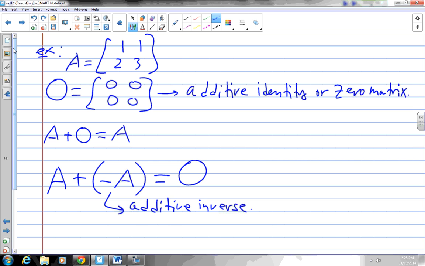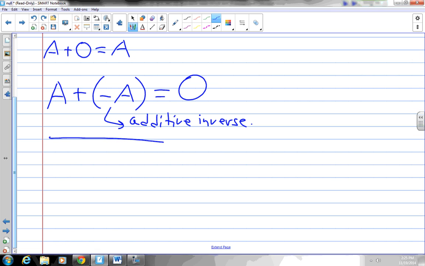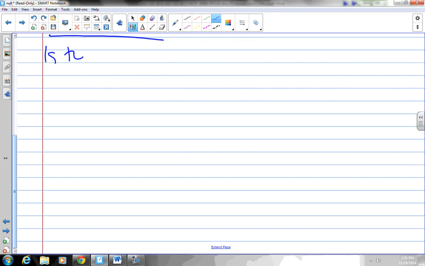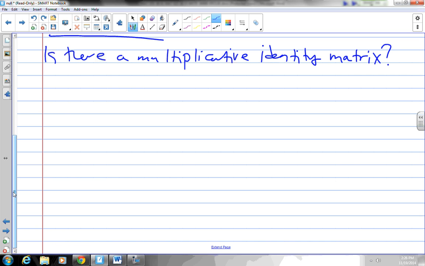So if I take matrix A and I multiply it by another matrix, we still get matrix A. So the question is, is there a multiplicative identity? Meaning, let's call it I, if I take a matrix I and I multiply it with A, I get the same thing back.